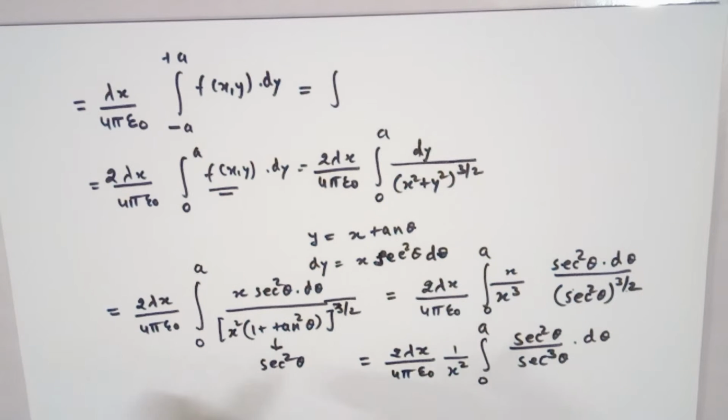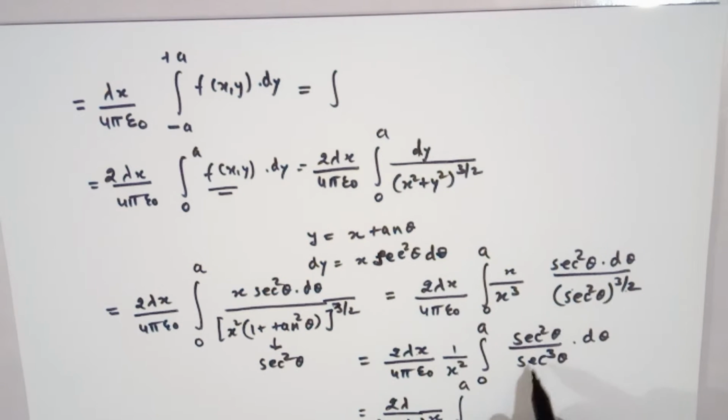Now that is very simple. You can cancel out some of the terms, and that becomes 1 upon sec theta. So that becomes 2 lambda divided by 4 pi epsilon naught, one of the x would cancel out, so only x would remain, from 0 to a, 1 by sec theta d theta. So basically this 1 by sec theta can be written as cos theta.